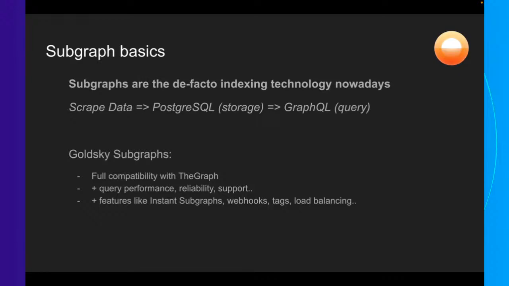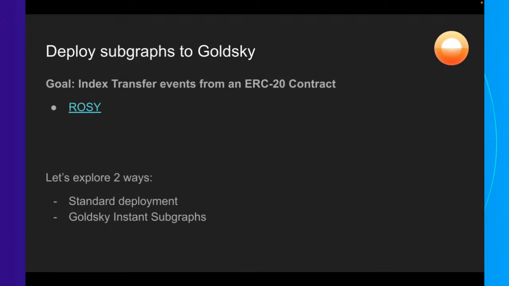We've also added a load balancer as well, just to make the whole developer experience a lot better and a lot faster for you to be able to deploy these subgraphs in whatever network you're interested in. So that's pretty much the gist of it, or the theoretical part of it.